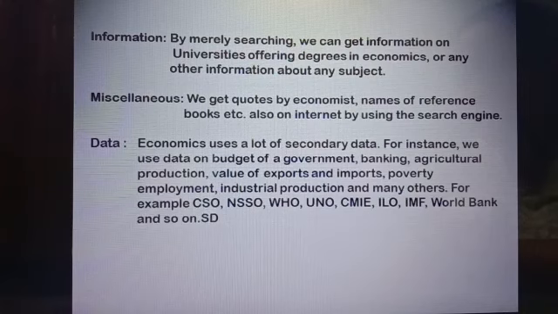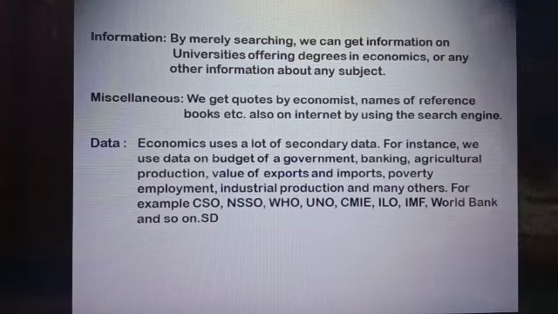For example, CSO, NSSO, WHO, UNO, CMIE, ILO, IMF, World Bank, and so on. These are all institutions which give their data to us yearly or annually, so that we can make a comparative study. We can say whether our country is developed, developing, or completely developed. So this is one of the uses of internet technology in the study of economics.